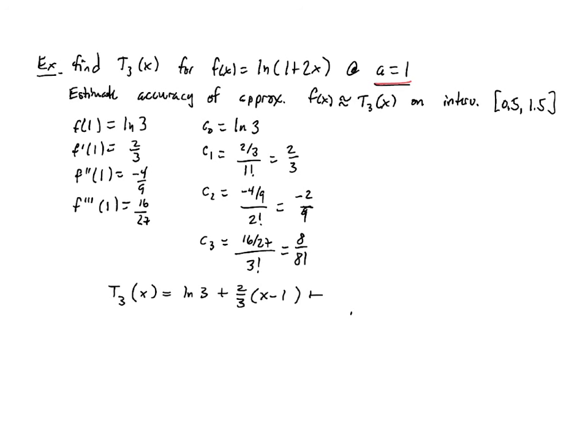I subtract now 2/9 times x minus 1 squared, and I add 8/81 times x minus 1 cubed. Okay. So this is the first part of us finding T3. And on the next page, we'll use Taylor's inequality in order to estimate the error from approximating with the Taylor polynomial.